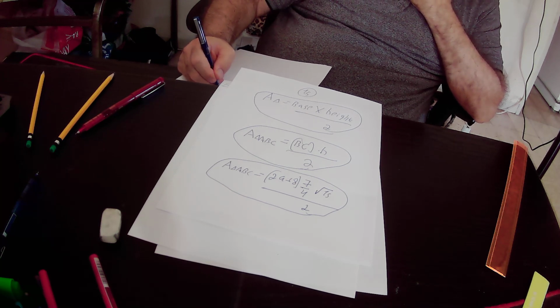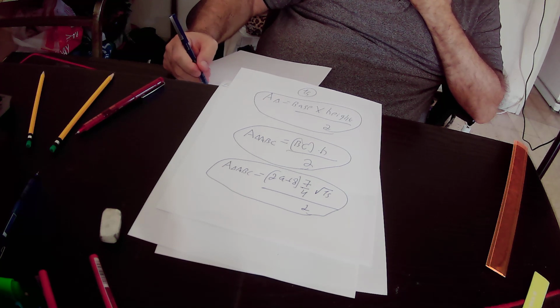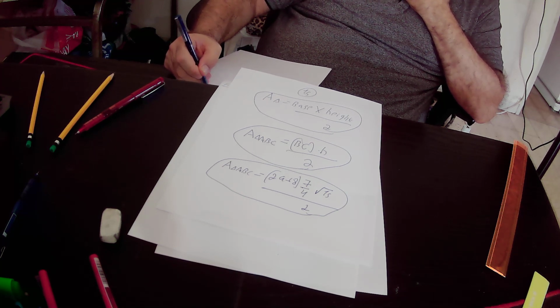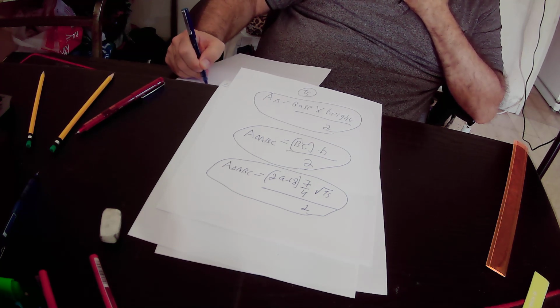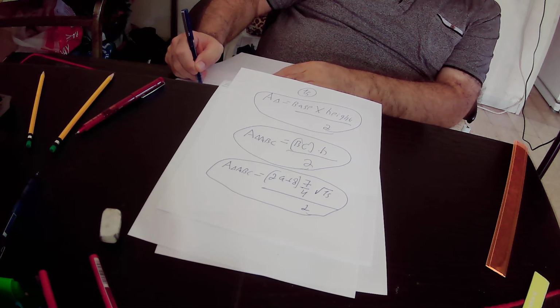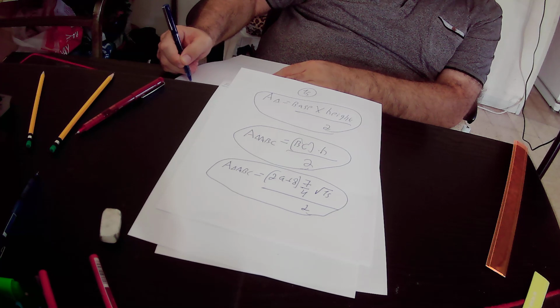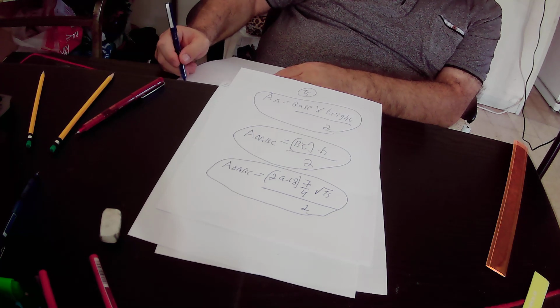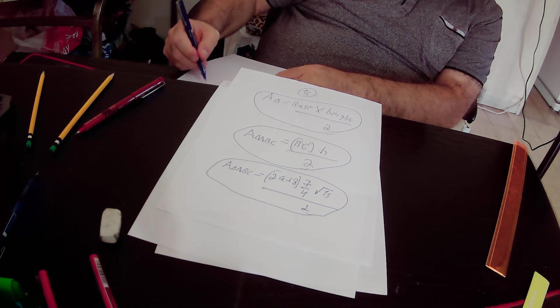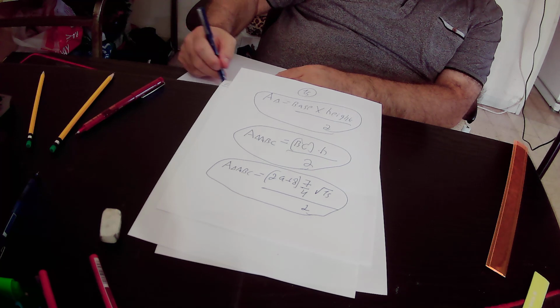plus 8 times 7 over 4 times root 15 over 2.